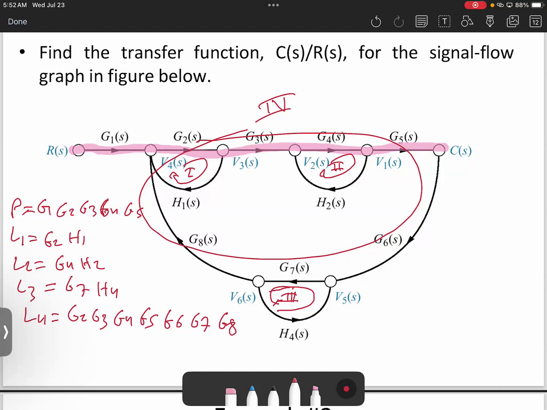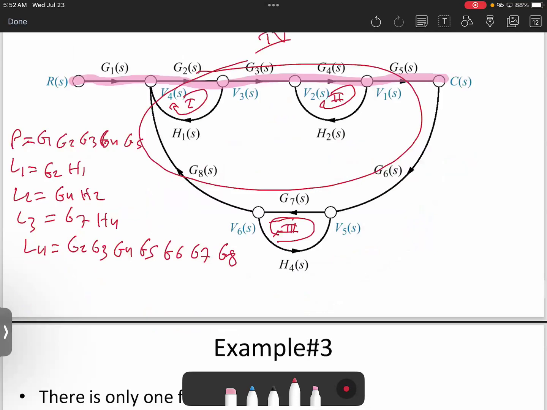Now the next thing is to calculate delta. Delta equals 1 minus L1 plus L2 plus L3 plus L4, minus L1 and L2. Are those touching? Plus L1, L2 non-touching. L1, L3, touching.